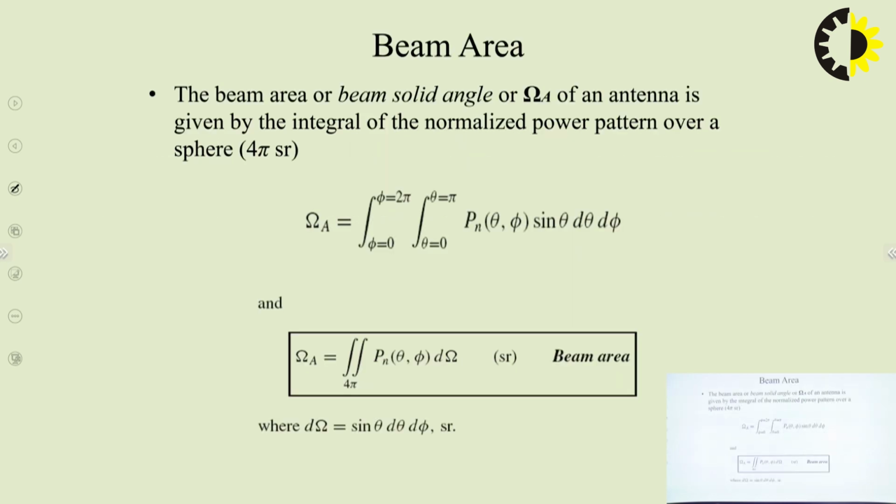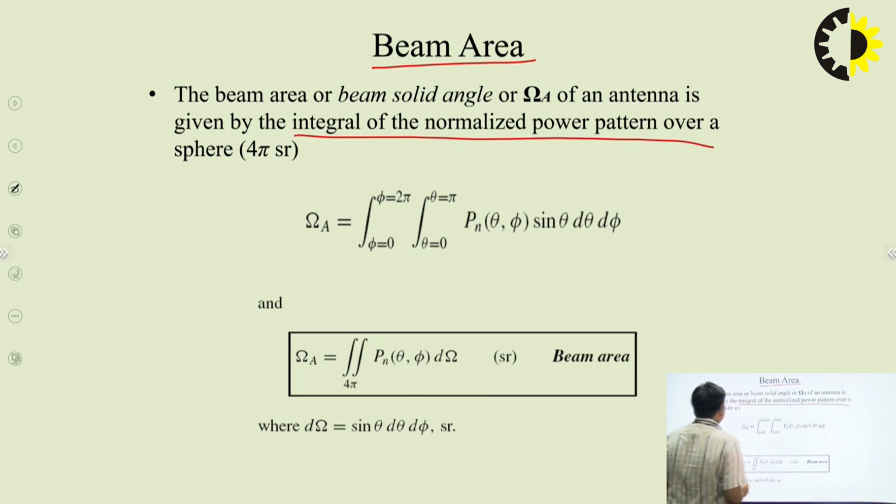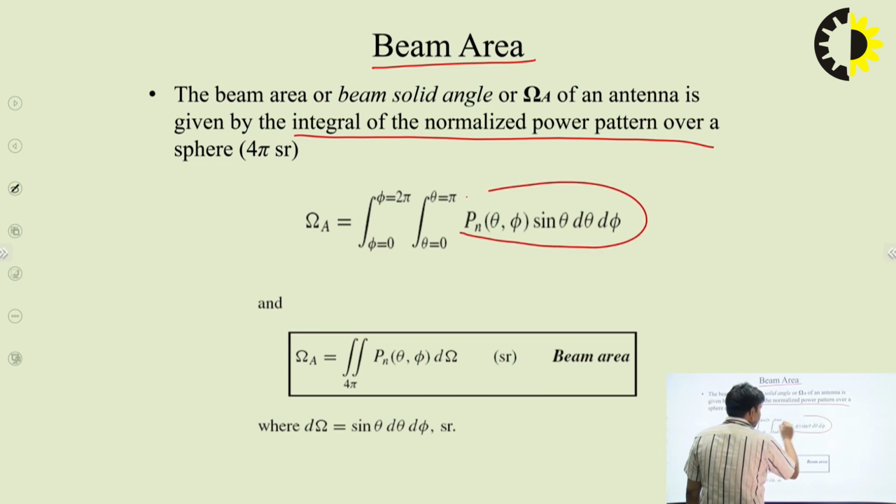Next question is, what is beam area? How do we calculate the beam area, and what is the meaning of beam area in terms of the antenna? The beam area or beam solid angle of the antenna is given by the integral of the normalized power pattern over a sphere, P n theta, phi sin theta d theta d phi.